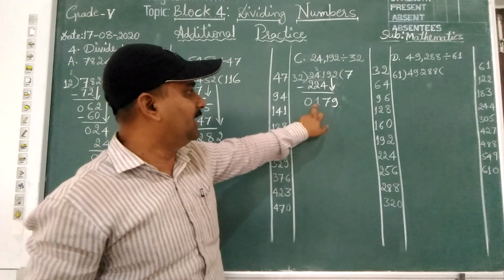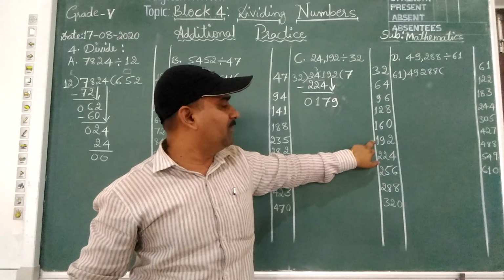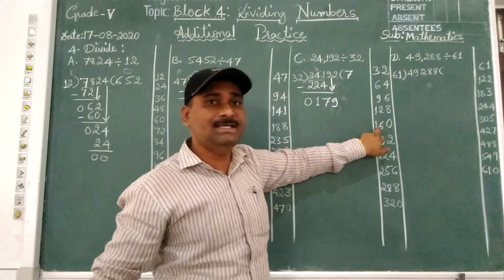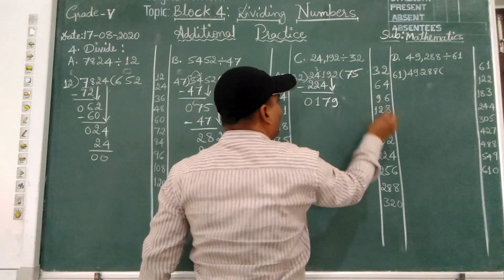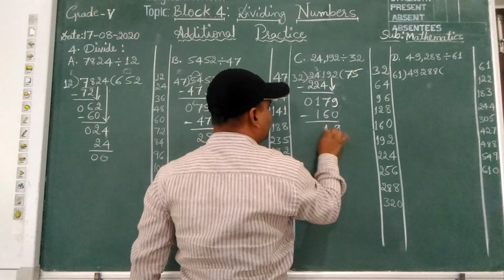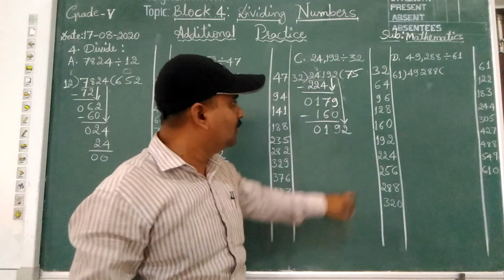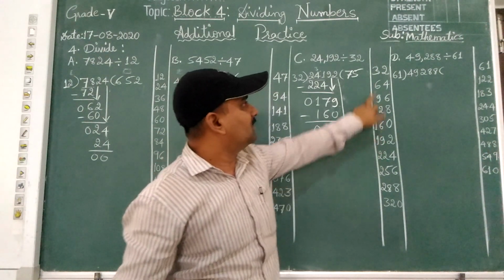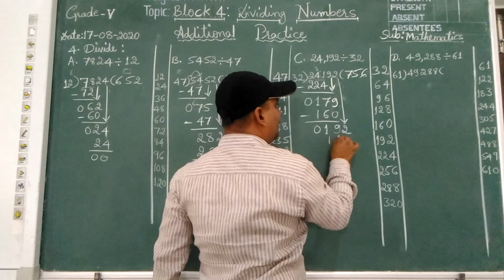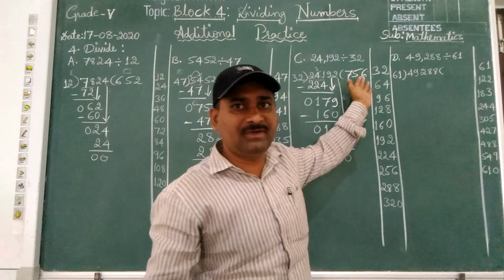Take 9. 179. 192 is big. Before that 160. 32 5s are 160. Subtract: 7 minus 6, 1, 0. Take now last digit, 192. It is here. That is 32 6s, 192. So the quotient is 756.